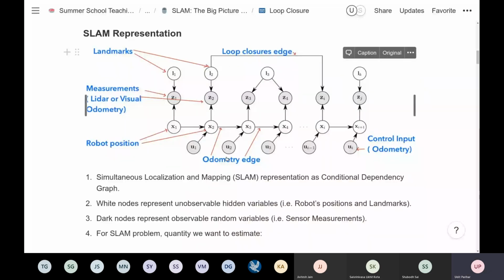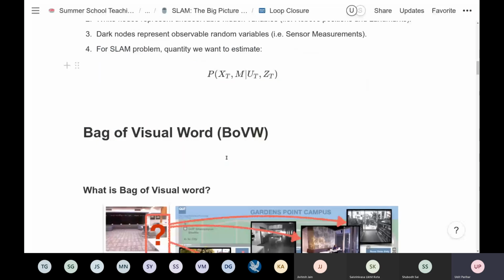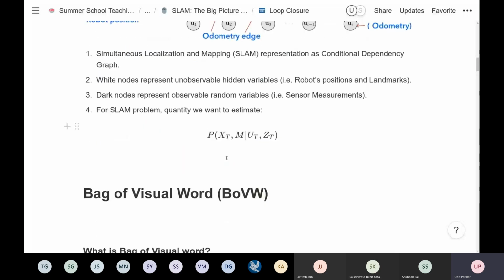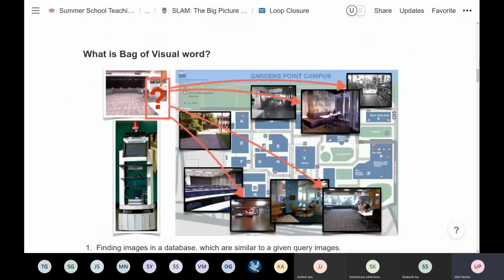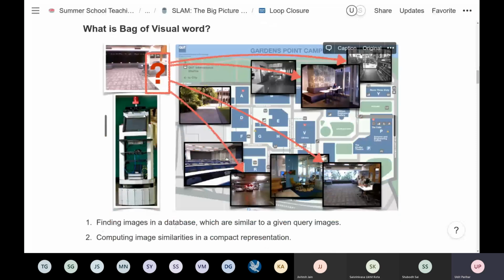Okay, so now, what is the bag of visual words approach? The bag of visual words approach is basically a problem where we are given a query image and a set of database images, and we want to say which database images are most similar to our query image.